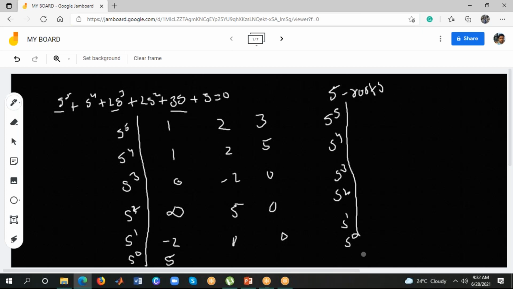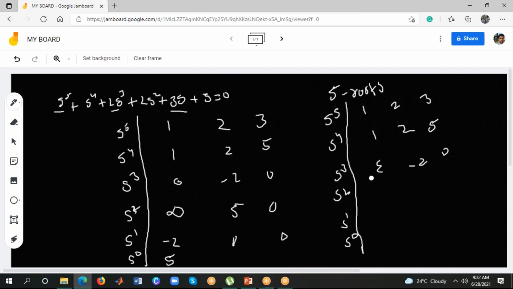So you can write: 1, 2, 3, 1, 2, 5, 0, minus 2, and 0. If the first element in any row is 0, what you have to do is consider a notation. I'm going to consider epsilon as the notation here.